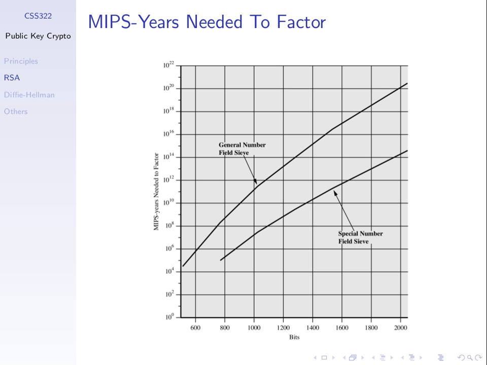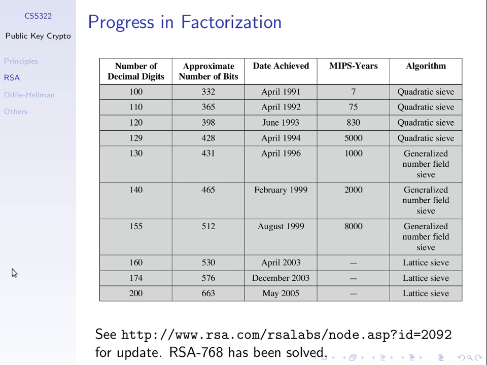Sometimes people use 2,048 bits, which are not considered to be factorable in any time in the near future, unless someone comes up with a new algorithm. There is no known algorithm at the moment that can factor them faster than what they have.